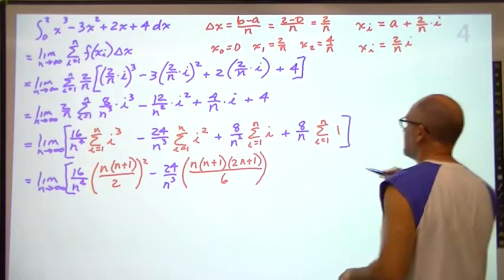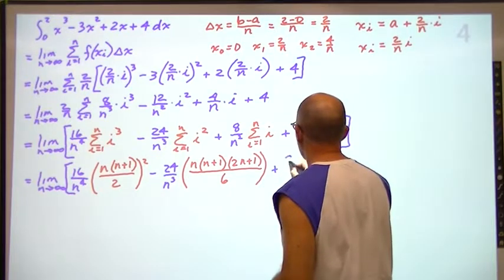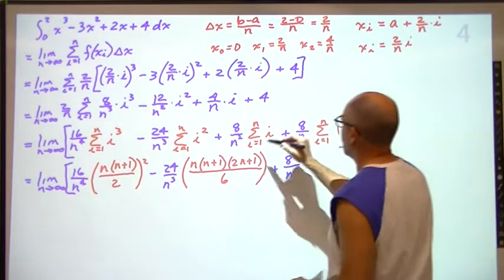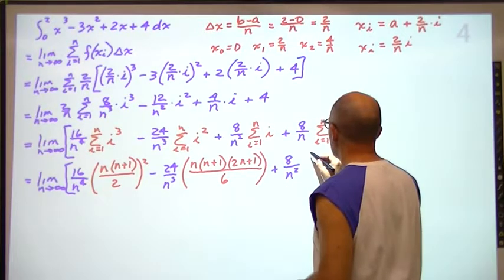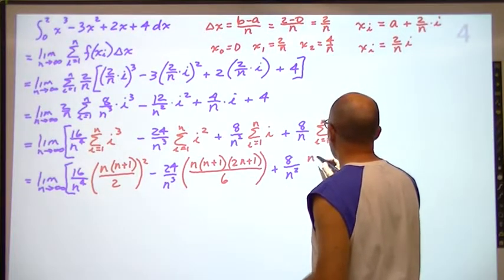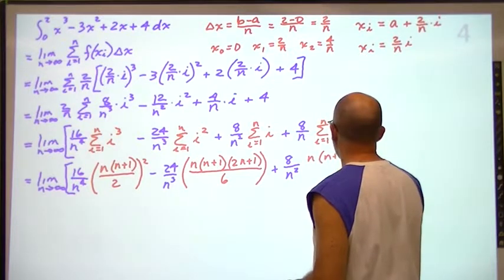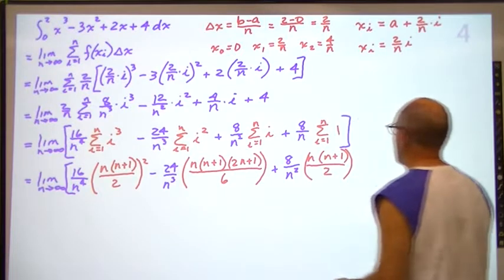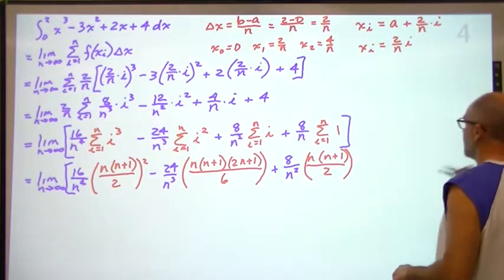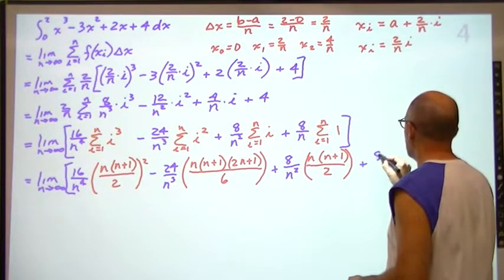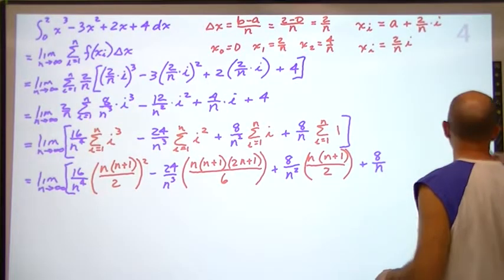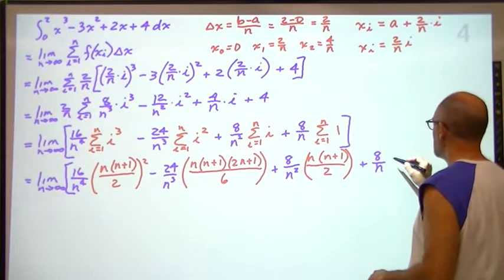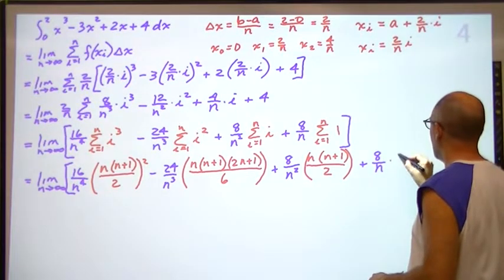Now we've got plus 8 over n squared times the summation from i equals 1 to n of i, which you know is n times n plus 1 over 2. And then we've got 8 over n times the summation from i equals 1 to n of 1, which just ends up equaling n.